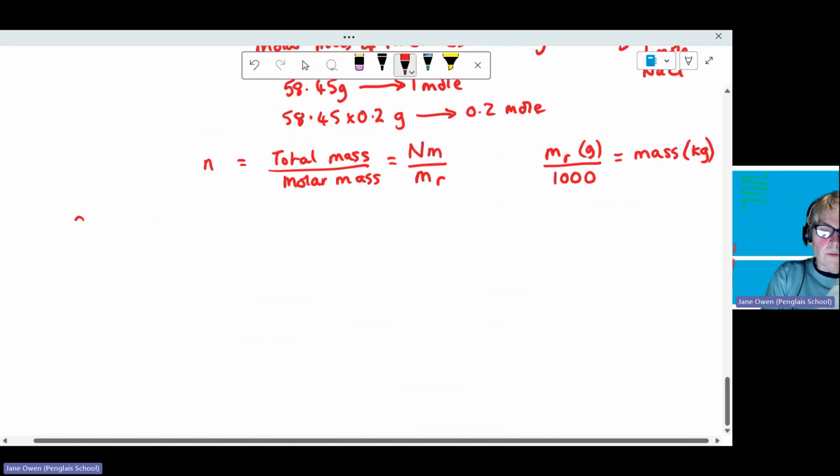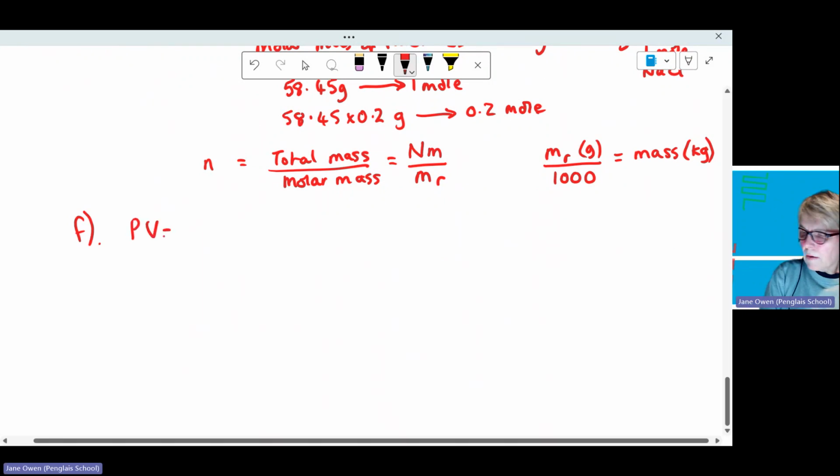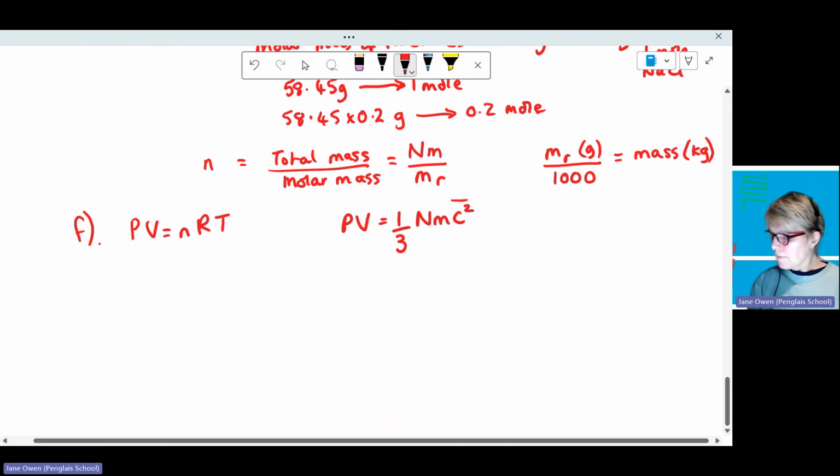And let's now use that PV equals nRT, and PV is also equal to a third N m mean square speed.